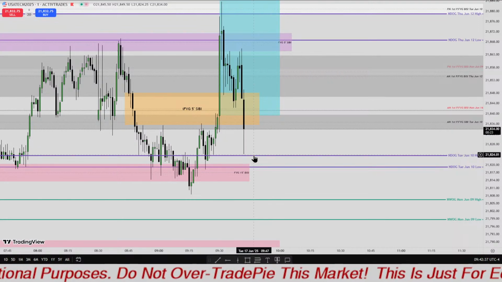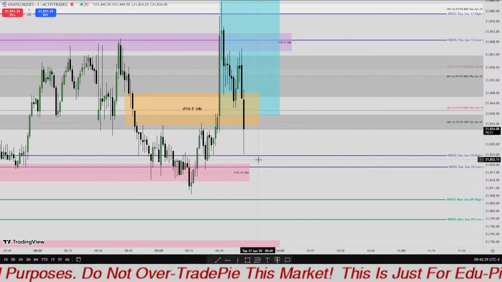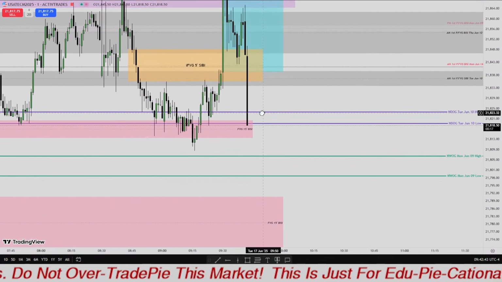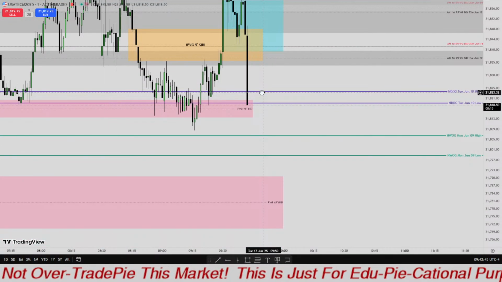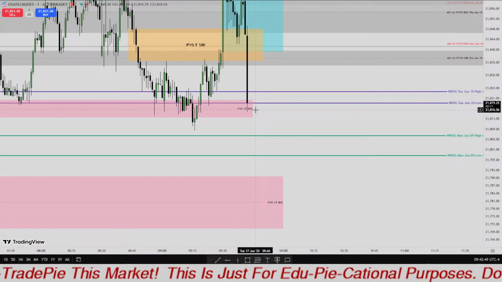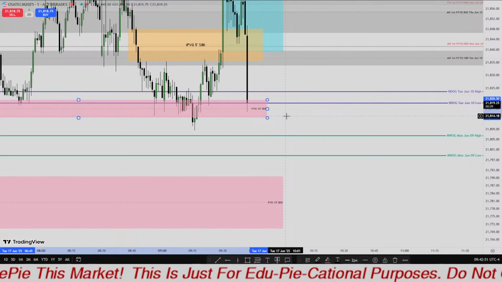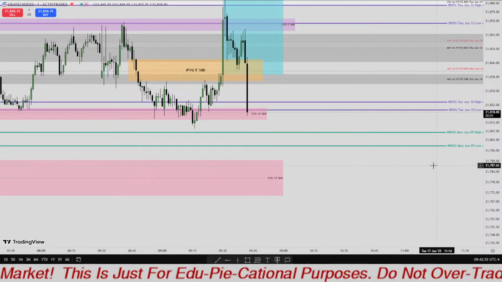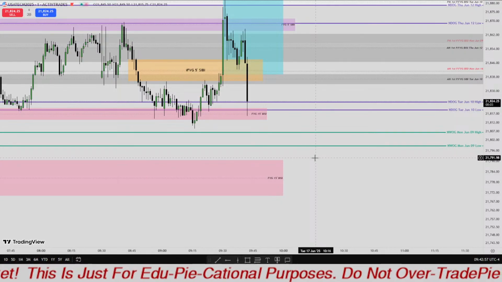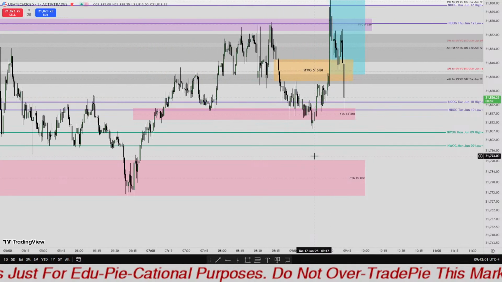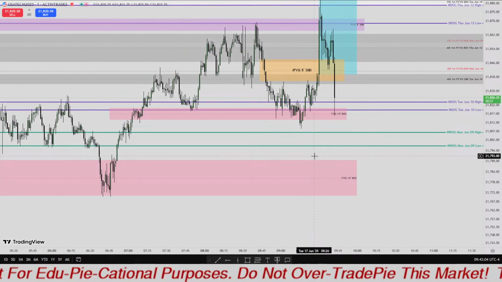Just fell short of touching the high that we did over here. Now we reached the 15-minute PC that I highlighted before the market opening in my previous analysis.